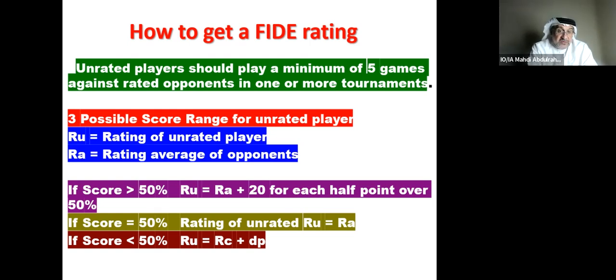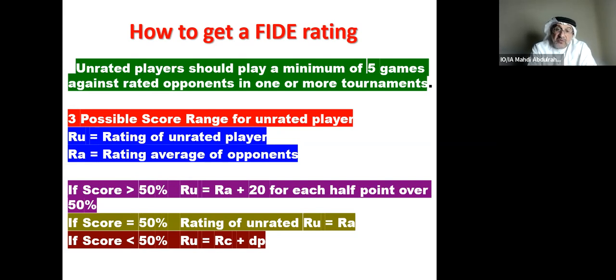So if I score less than 50%, RU equals RC plus the point difference. Here we divide the score by the number of games, and then there will be a percentage.